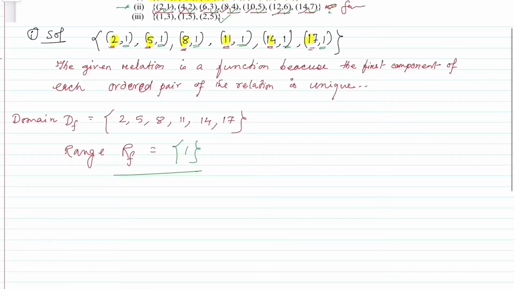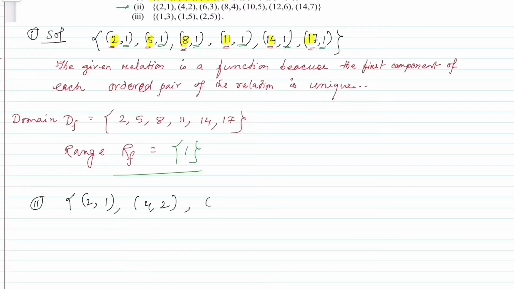First let us write the given relation. Number 2. Here we have (2, 1), (4, 2), (6, 3), (8, 4), (10, 5), (12, 6), (14, 7).